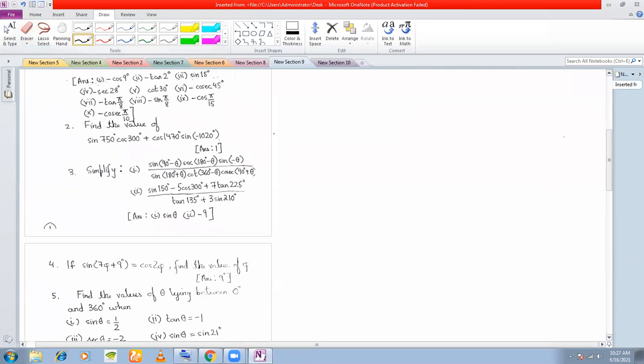The question here is find the value of sine 750 degree, cos 300 degree, plus cos 1470 degree, sine minus 1020 degree. First of all, make all the angles positive.